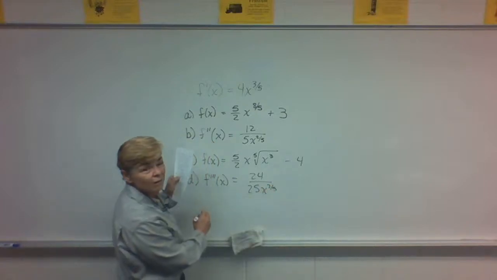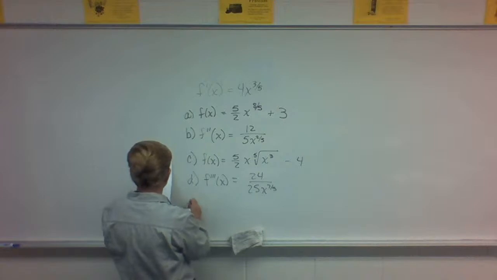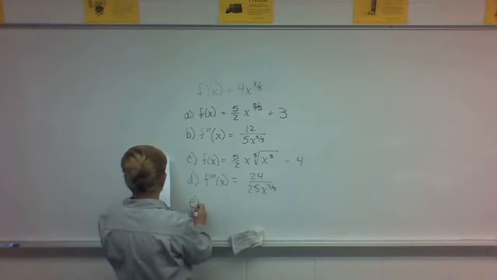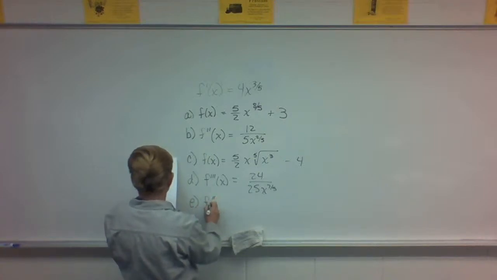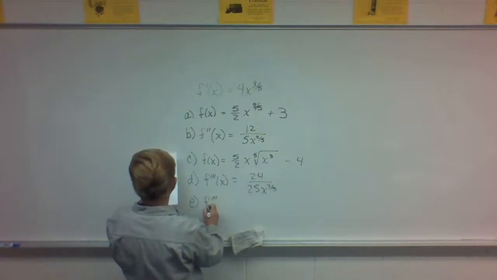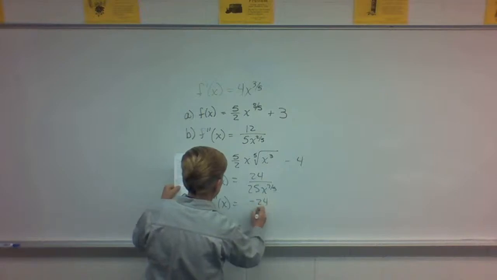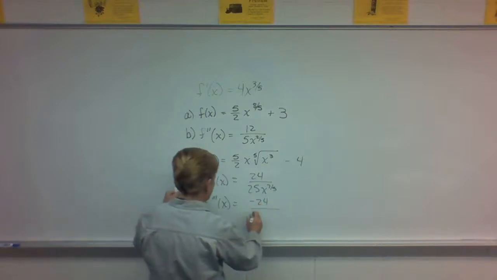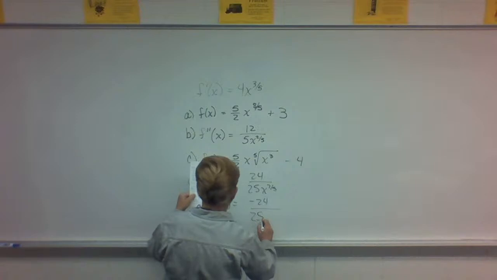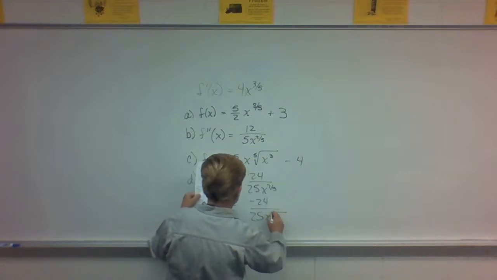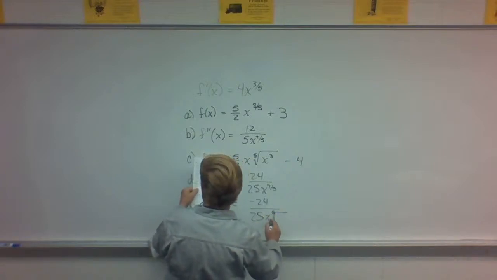And I guess you can still see this. E would be f triple prime of x equals negative 24 over 25 x times the 5th root of x squared.